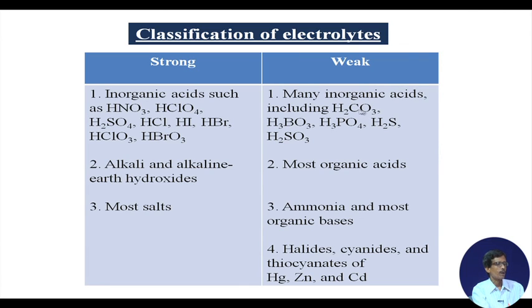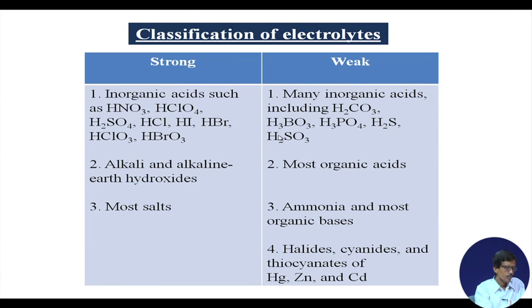In the presence of carbon dioxide and water, some amount of H2CO3 is formed, but due to that dissociation we have only some ions. So, this is the weakly dissociated form.